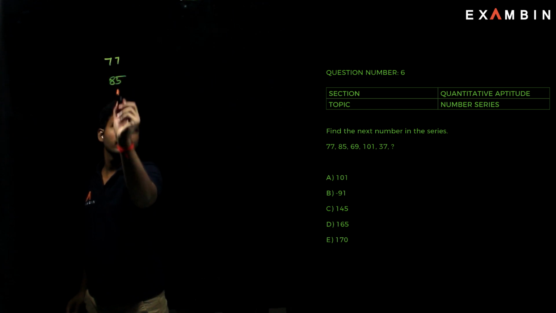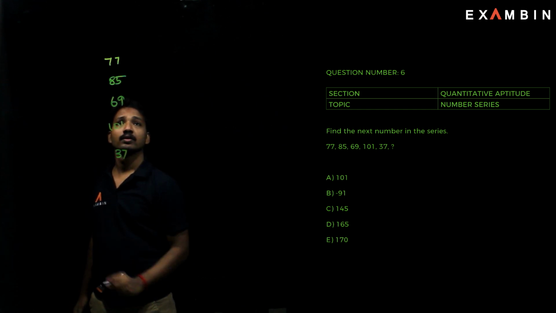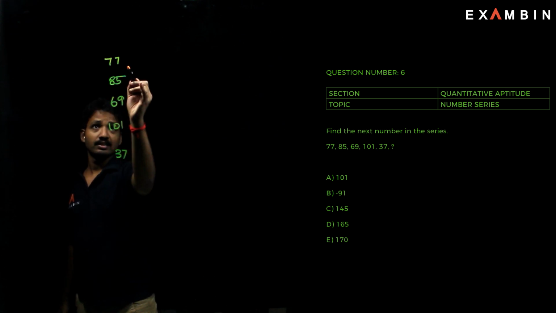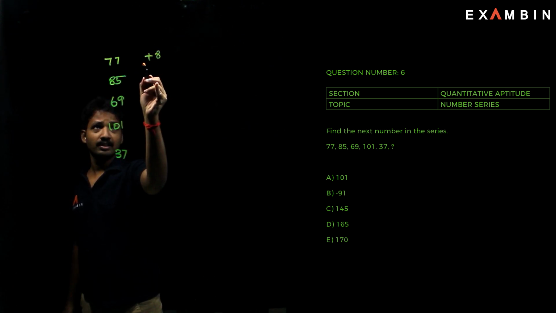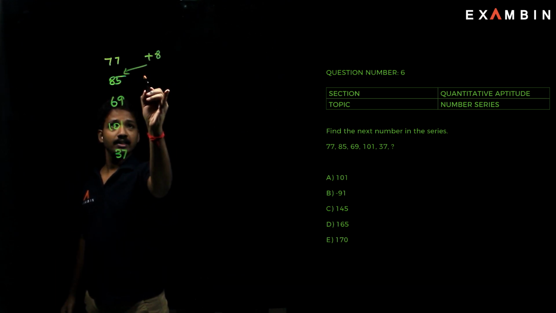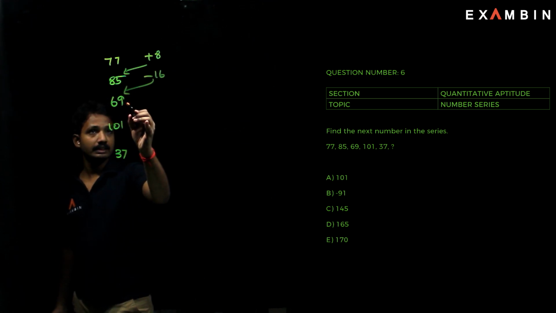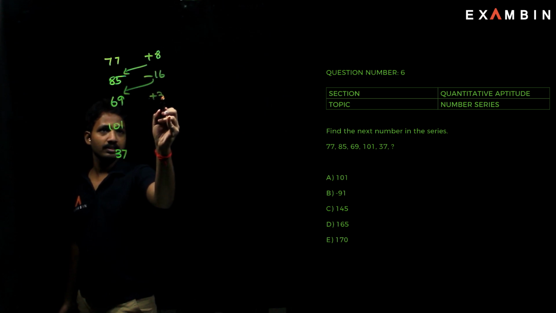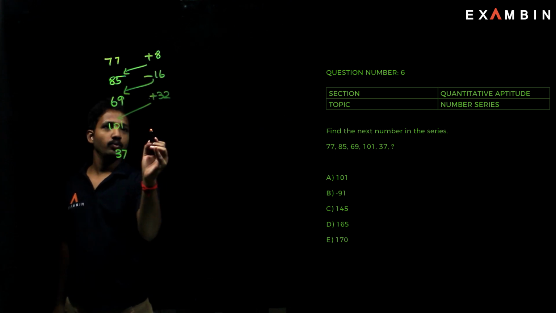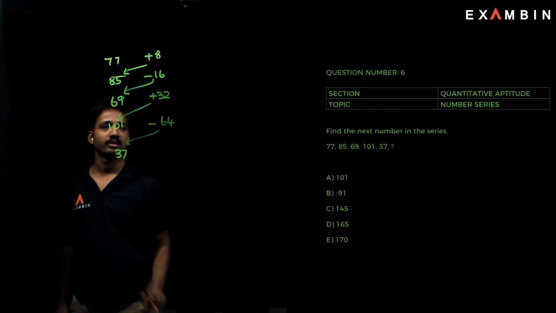77, 85, 69, 101, 37. So here with 77, 8 is added. 77 plus 8 would be 85. 85 minus 16 would be 69. So here 69 plus 32 would be 101. And 101 minus 64 would be 37.